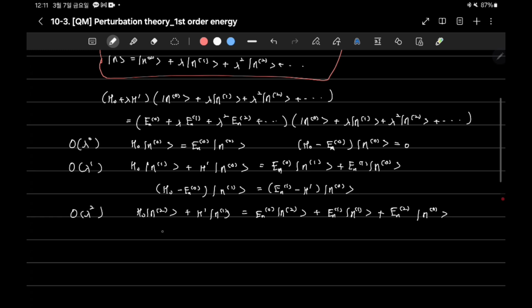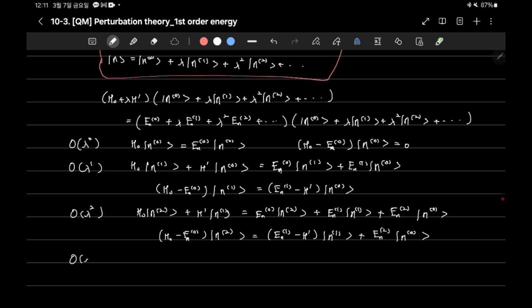We can summarize: (H0 minus En0)|n2> equals (En1 minus H prime)|n1> plus En2 |n0>.